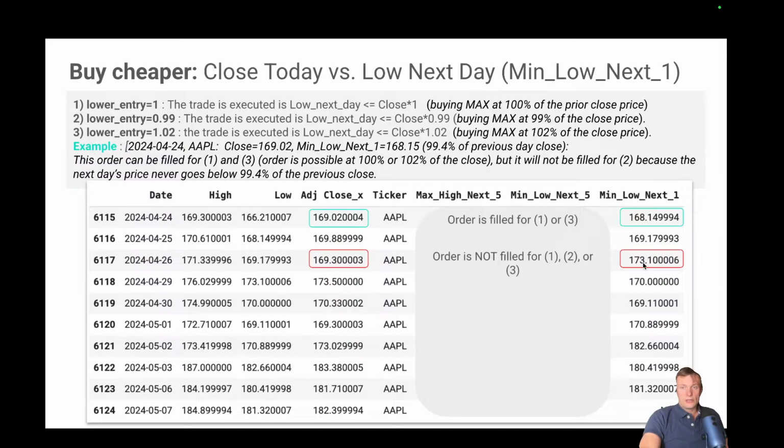So you might want to think that if Apple is actually growing that quickly, maybe you want to buy it, or maybe it is too expensive for you to buy. And we want to simulate different options for the lower entry.